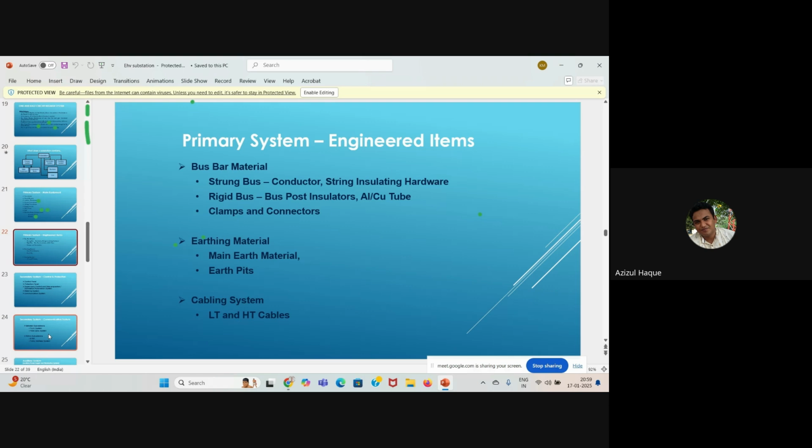If it is flexible, it will be connected through conductor, maybe moose conductor or bull conductor. If it is rigid, then the isolator will be connected to the bus through aluminum tube, of different sizes, maybe 4 inch, somewhere 6 inch.